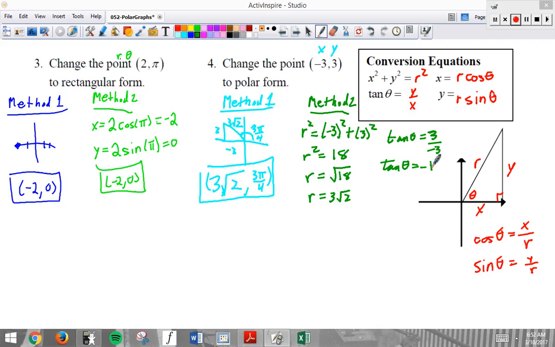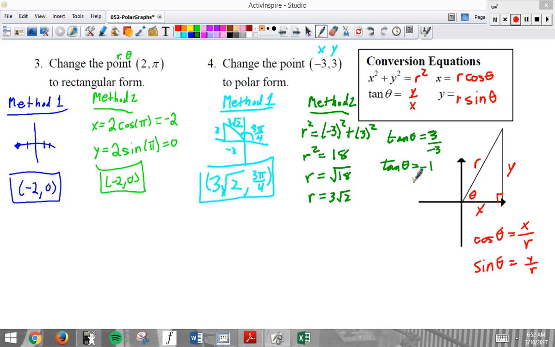Careful about arctan. Arctan of negative 1 is negative pi over 4. But this angle would not be negative pi over 4, I assure you.